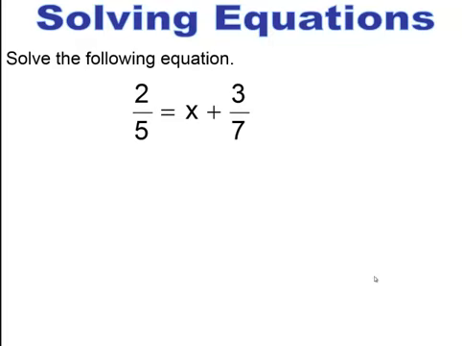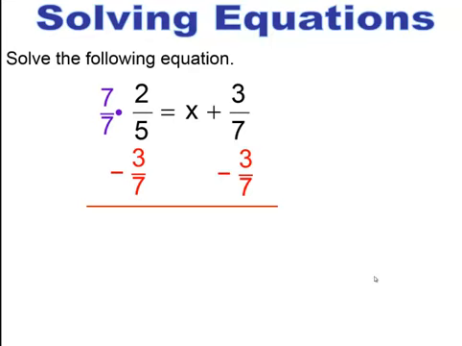So now this is fractions. You're going to have to subtract that 3/7 from both sides. But in order to subtract fractions, you must have a common denominator. In this case, the common denominator is simply going to be 35, because 5 and 7 are prime numbers, and the only way to get the common denominator is to multiply the two denominators together.